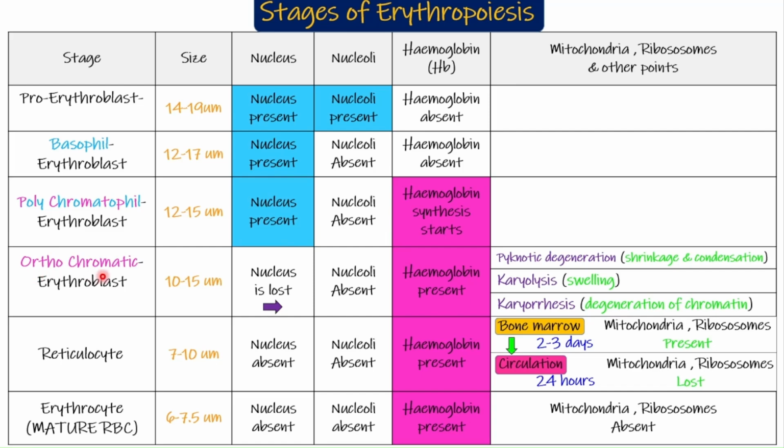Okay? Then we have orthochromatic erythroblast. Now, in this stage, the nucleus is lost. The nucleus is lost. Now the nucleus is not present and only the hemoglobin is present. So this stage is known as orthochromatic erythroblast. That's why I've labeled it pink, and here it's also pink. So the point from where the nucleus is absent, the bluish highlighting is absent. Okay.